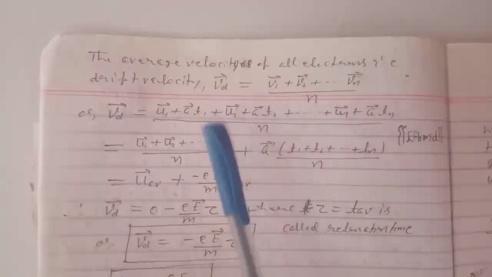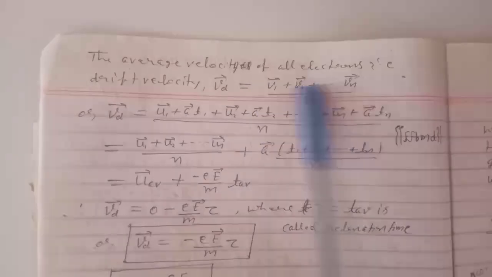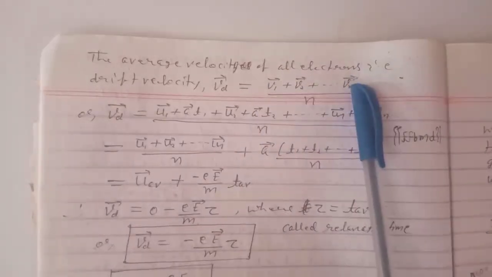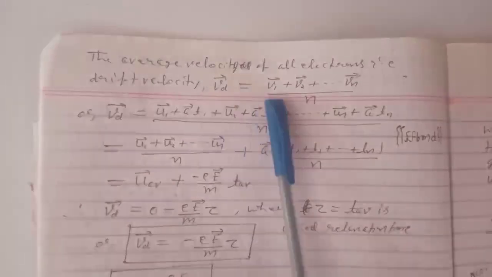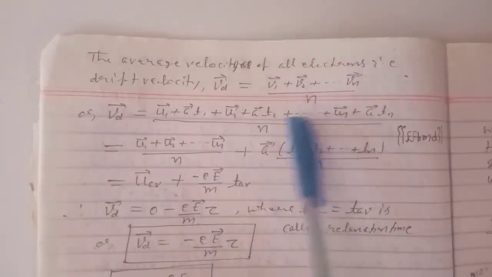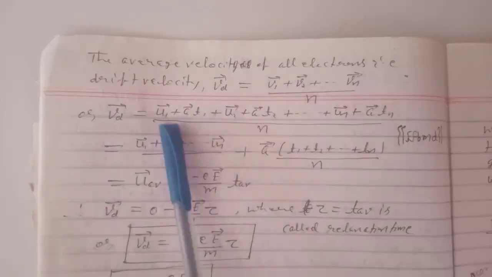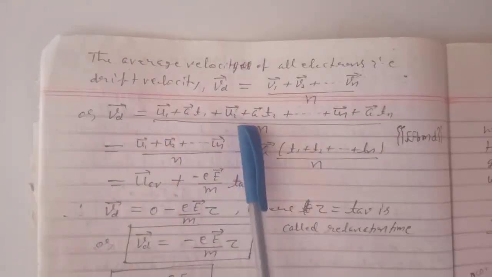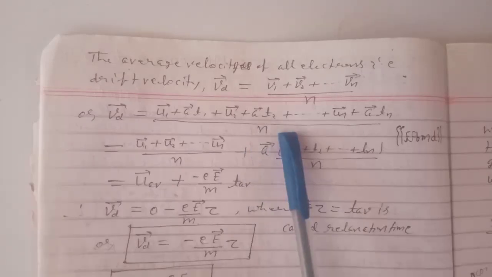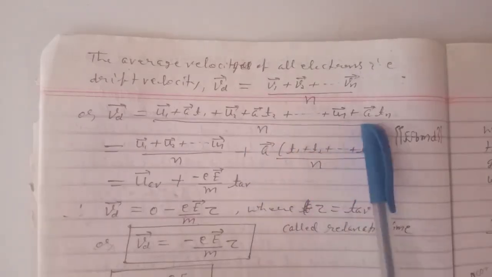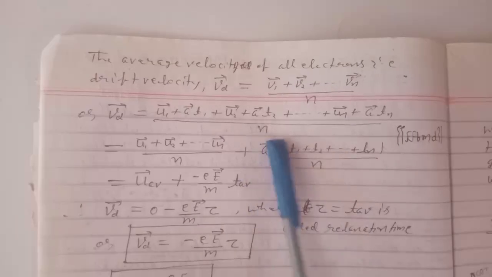That velocity is called the drift velocity. So Vd equals v1 plus v2 plus ... plus vn divided by n. Using this, v1 will be u1 vector plus a vector into t1, plus u2 vector plus a vector into t2, plus un vector plus a vector into tn, divided by n.